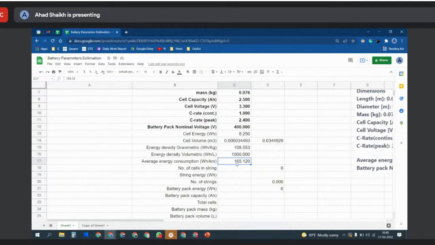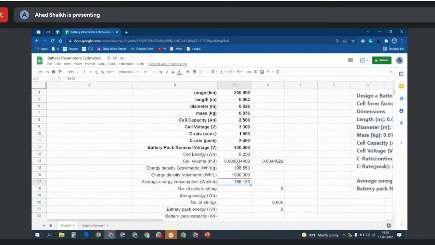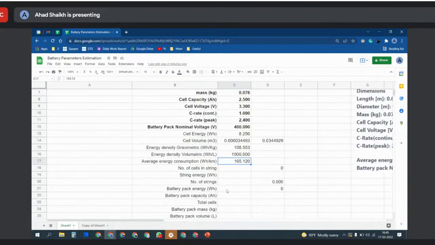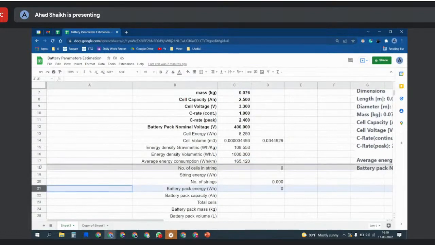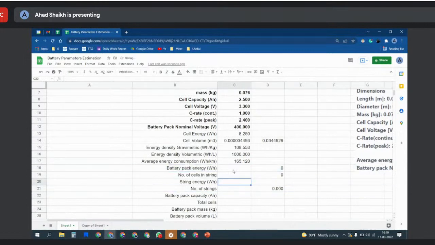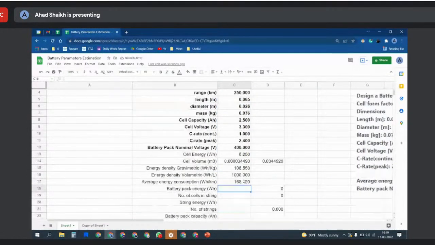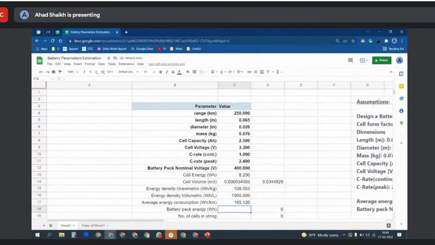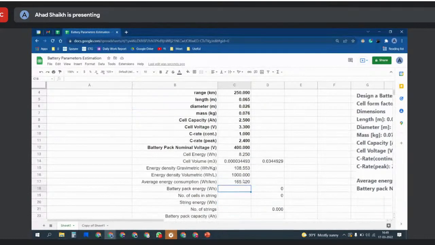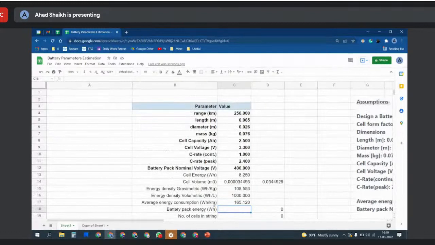And based on that, how can we find the total battery pack capacity? Firstly we will find that out. Is the quality of a battery defined like this, kilometers per watt hour? It's a property of a vehicle.